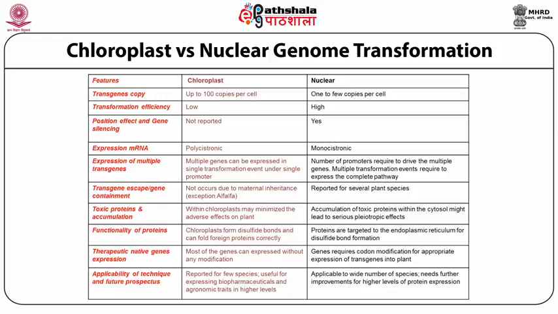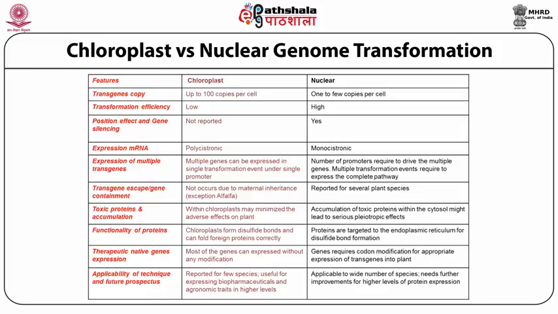But in monocistronic expression, you need one promoter for one gene. So if you have to express multiple genes, you need multiple promoters. That is called one gene, one mRNA. So there is a big difference: the chloroplast expresses multiple genes under one promoter, as long mRNA strands.